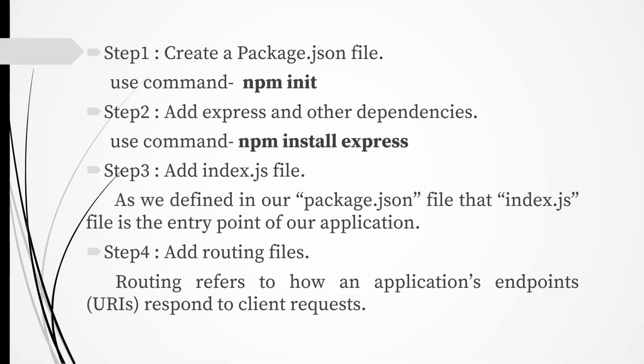As we saw before, Express will be installed by npm install express. Then we need to add the index.js file. This is the entry point of our application. As we defined in the package.json file, the index.js file is the entry point of our application.